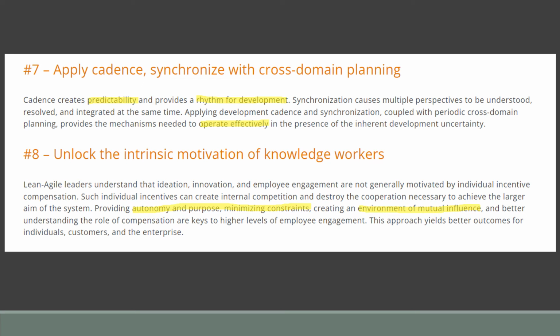It's not only about money, salary or incentives. That's all basic and hygienic, beyond which only autonomy, decentralized decision making and helping with the purpose matter. People have a thirst to understand what they are contributing, why they are contributing, and what bigger picture they are contributing to. It's very important. Helping them operate at their own autonomy level and creating an environment of mutual influence yields better outcomes.